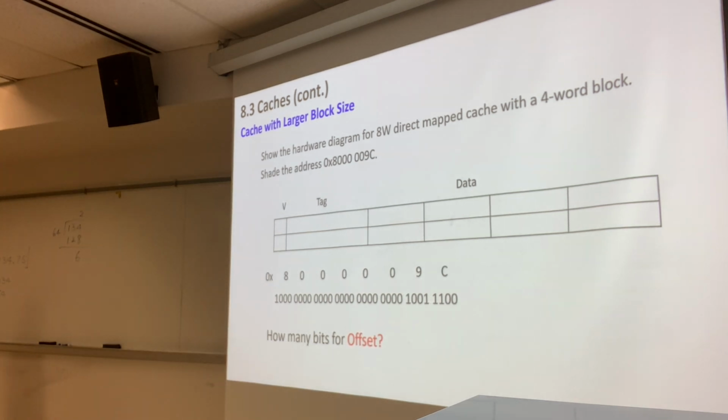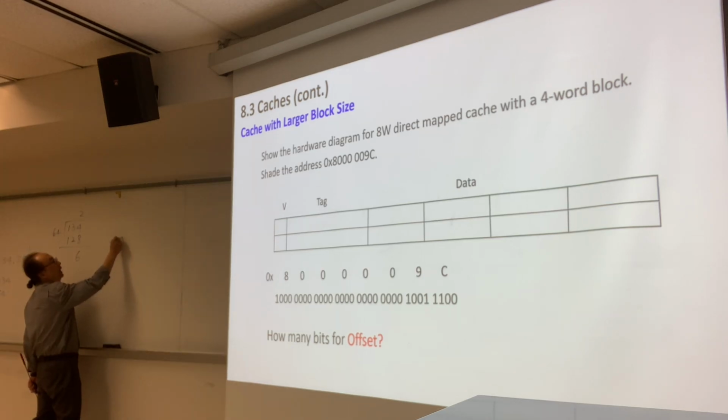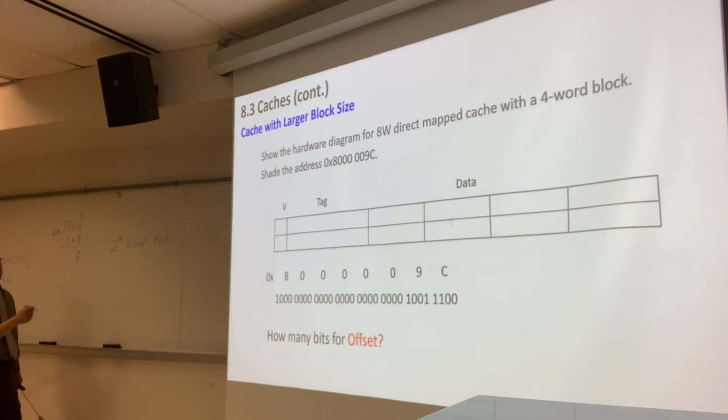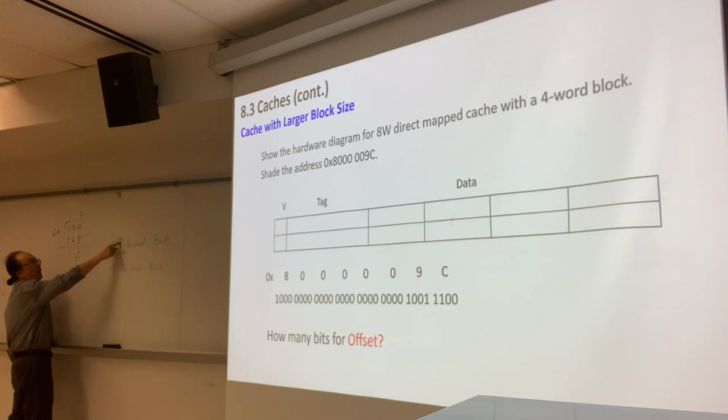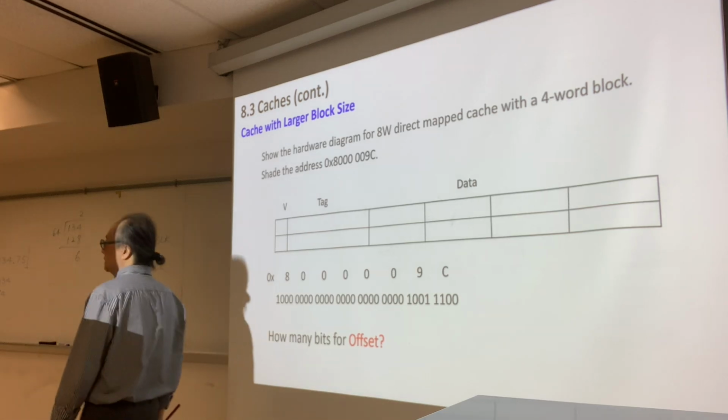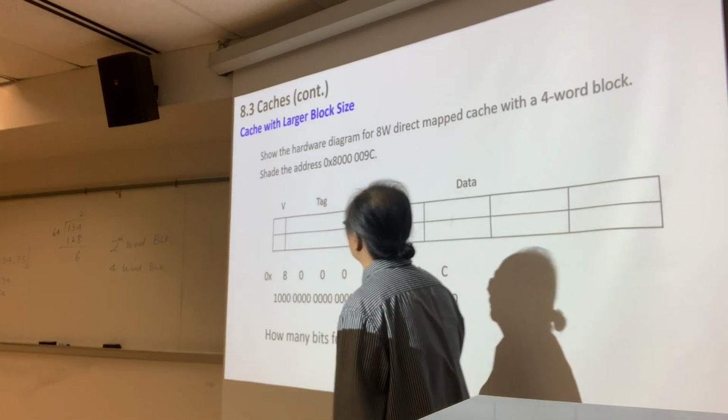How many bits for offset? You need to consider the block size, not 2. It's 4. Why? Good. With a 2 to the m word block, and we say 4-word block, m has to be 2. And when we calculate the offset, m plus 2 is the offset. That makes sense. Why?